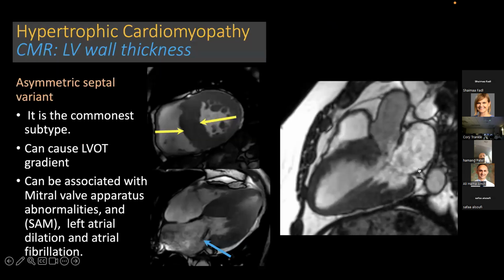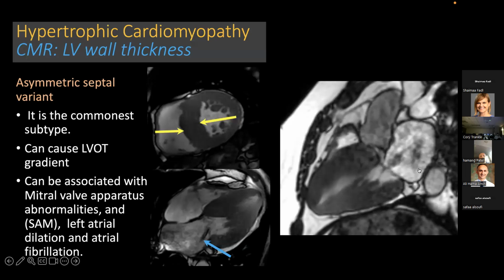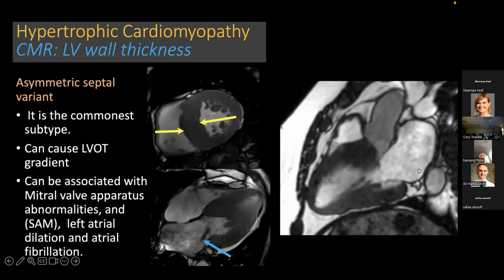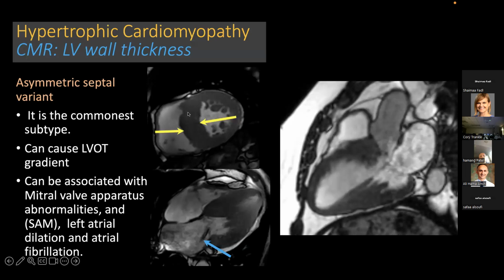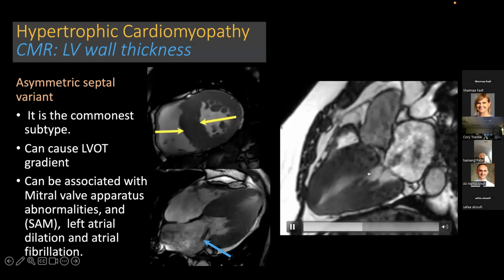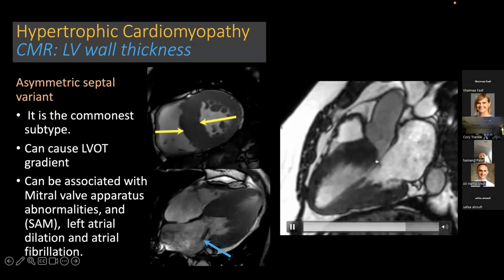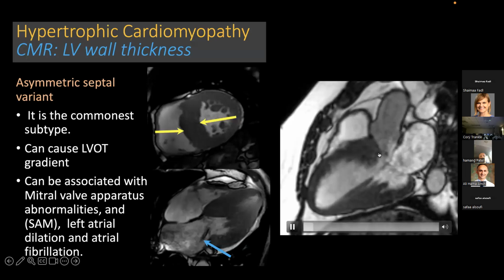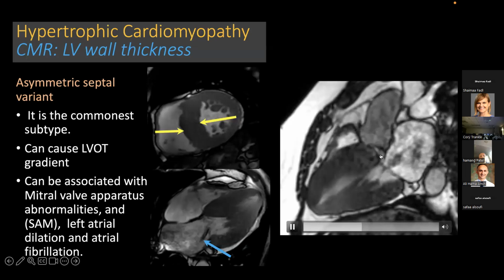Just highlighting some of the features of the asymmetric septal variant: it involves asymmetric thickening of the septum, and it may cause some narrowing of the left ventricular outflow tract, LVOT narrowing.